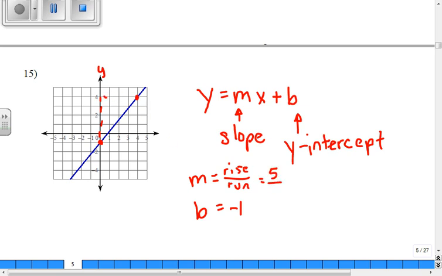My run is going to be 1, 2, 3, 4. So now I put them together. Y equals 5 over 4x minus 1.